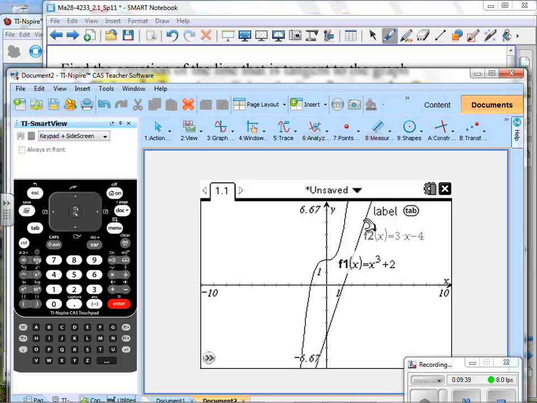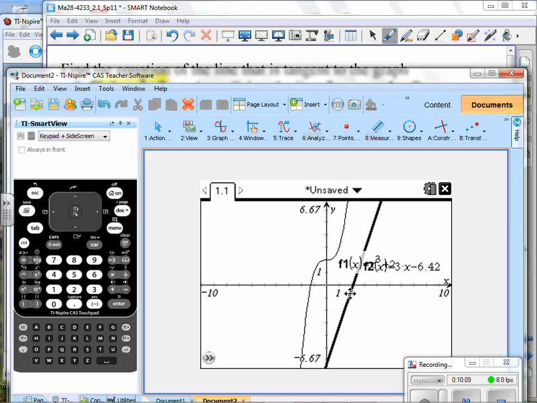Let's see if I can do this. If I pick up this line and move it, can I make it tangent? I changed the equation, but I can make it tangent to that. How many places do you think this line is going to be tangent to the curve? There's one. Is there another?